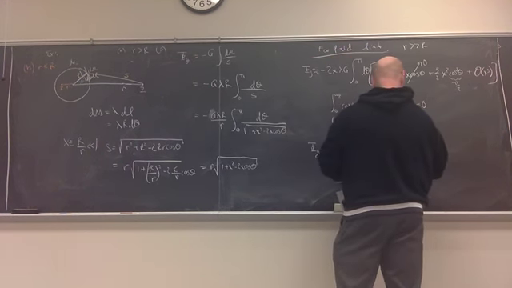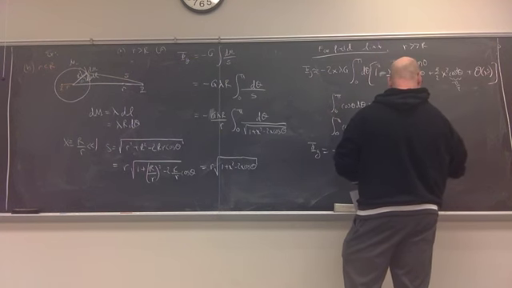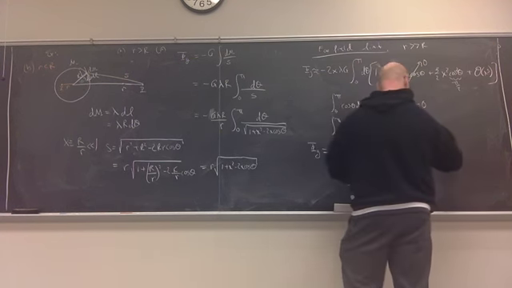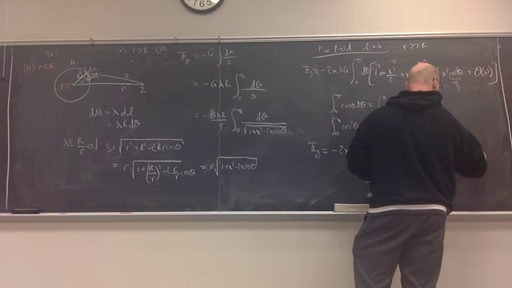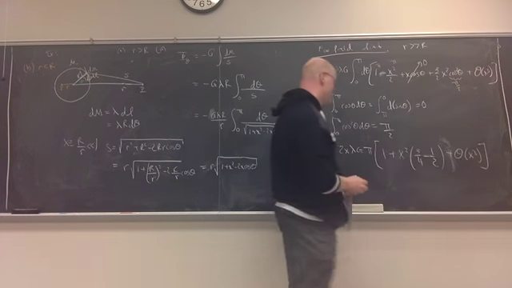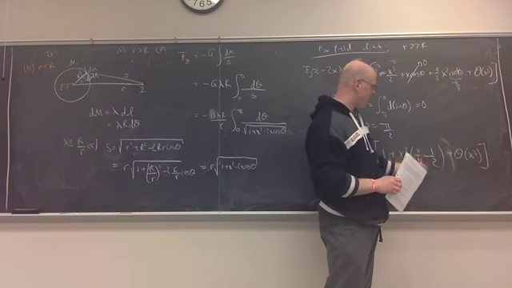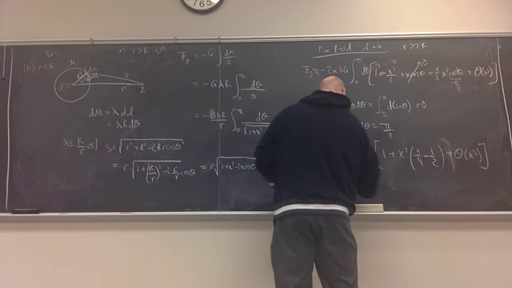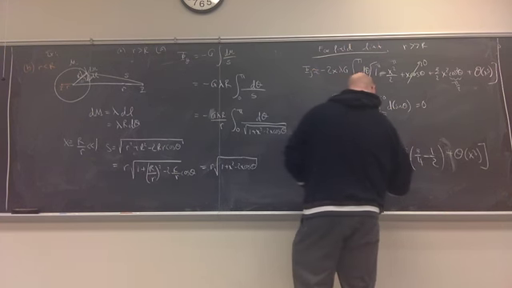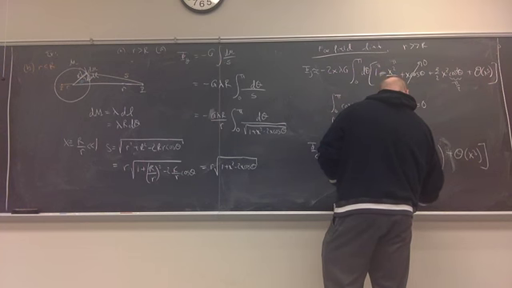So then I get an x squared times, from here I get a 3/4 minus a 1/2 from here, and again, plus order x cubed terms. A 3/4 minus a 1/2 is the same thing as 1/4. So it's going to become minus 2x lambda g pi times 1 plus x squared divided by 4.